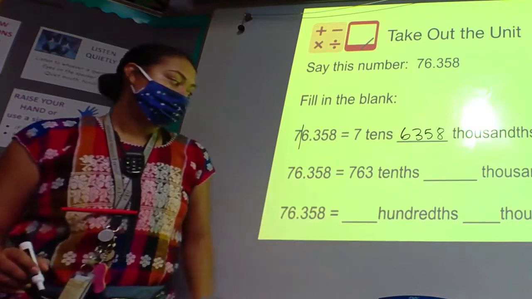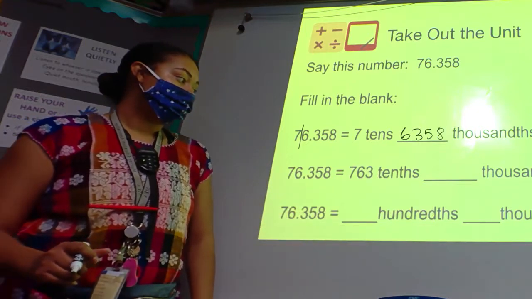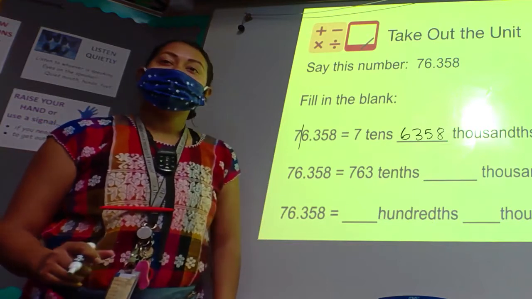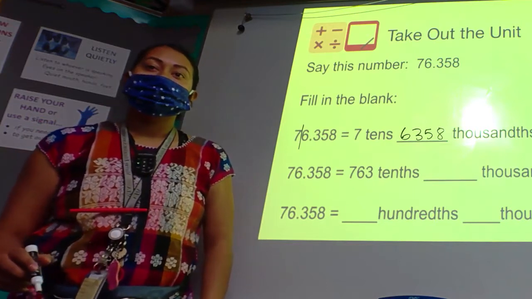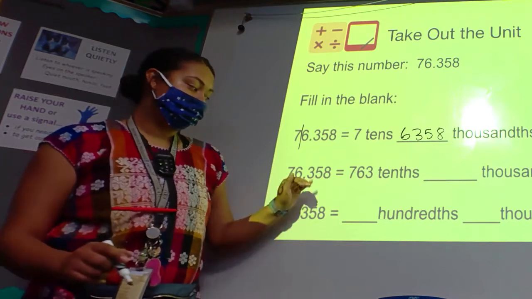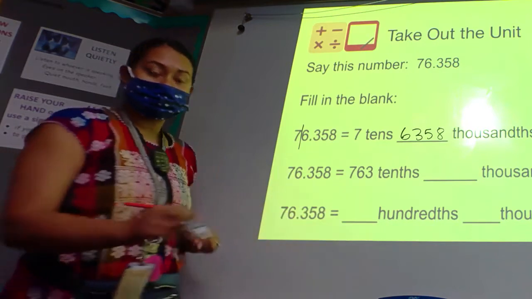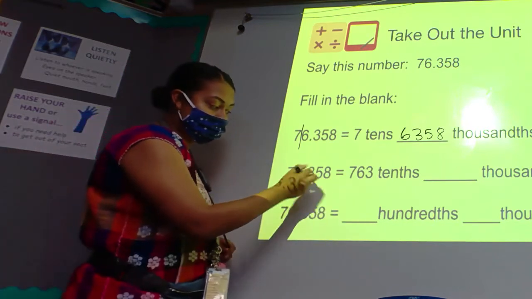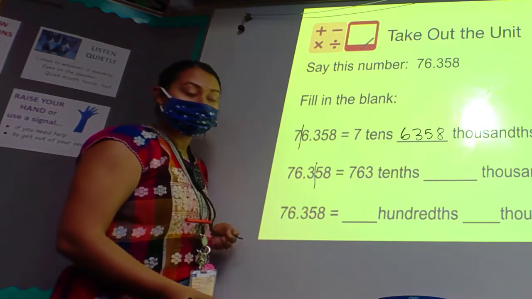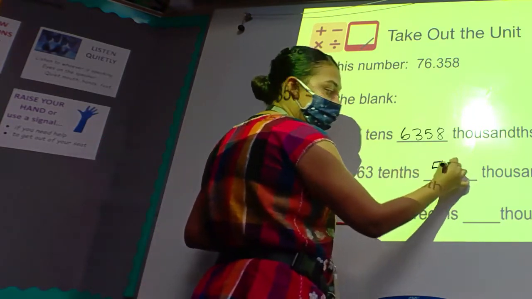Oh no, I just wanted to point out, mine was just printed bad. It looks like the 5, it looks like a 6. Oh, okay. That's okay. Okay, so how many leftover thousandths? So if you broke it apart here at the tenths, how many leftover thousandths? Ledger? 58. Write it down.